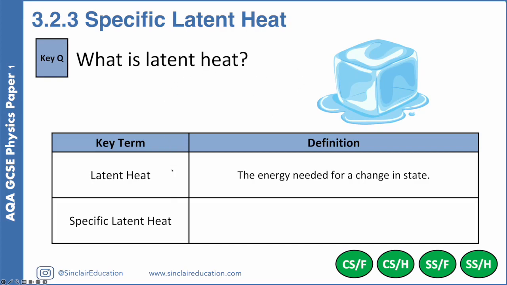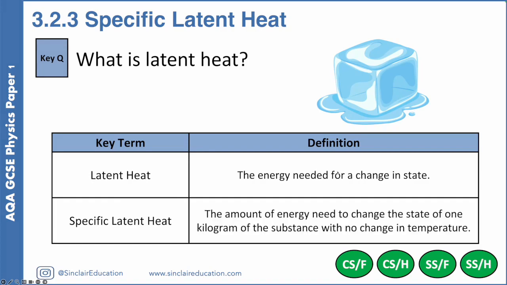So latent heat is the energy that we need to change the state of a substance, and specific latent heat is the energy that you need to change the state of 1 kilogram of that substance without changing its temperature. Specific heat capacity is 1 kilogram of that substance increased in temperature by 1 degree, while this is now 1 kilogram of that substance changing state.